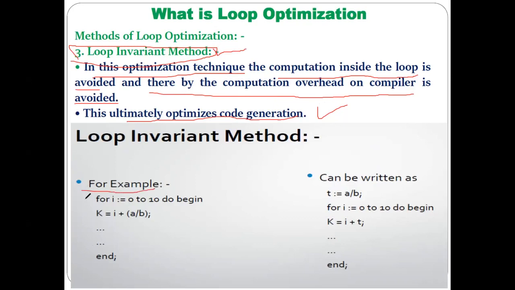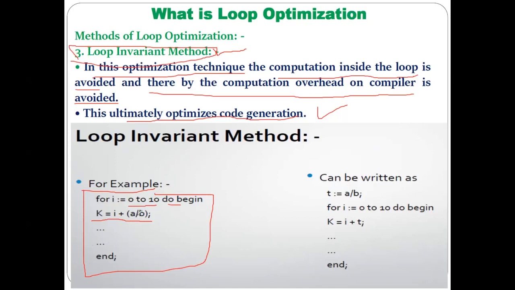For example, for I equal to 0 to 100, do begin k equal to I plus a divided by b, like this. For example, it will run approximately 10 to 11 times. Okay, 0 to 10, 11 times.